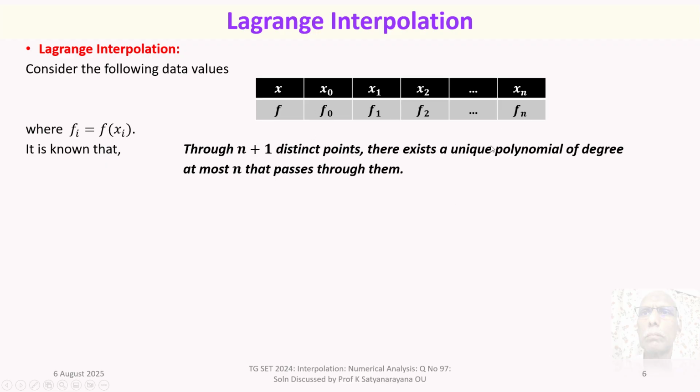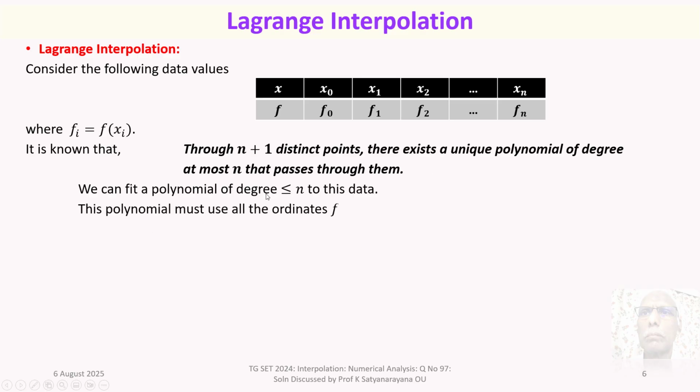So, we have to pick up that polynomial of degree at most n that passes through these n plus 1 given data values. We can fit a polynomial of degree less than or equal to n to this data.